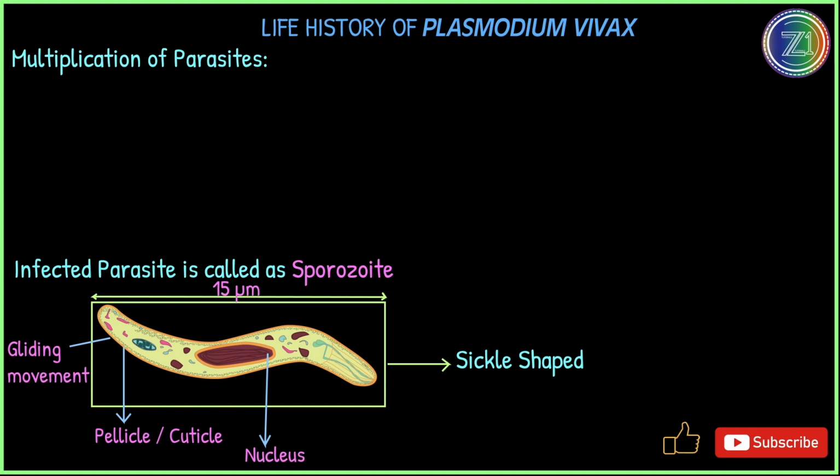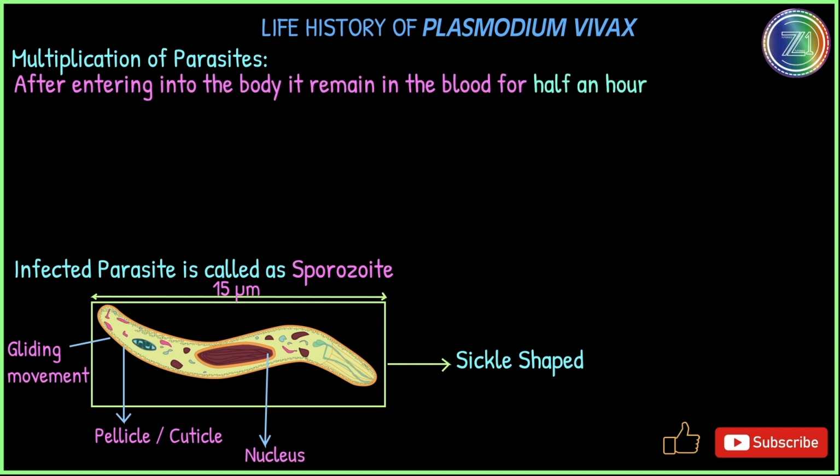When the infected Anopheles has bitten the human being, the sporozoites have entered into the human blood. Immediately after injecting the sporozoites into the human being, they do not go to the liver cell immediately. They stay in the blood for around half an hour.